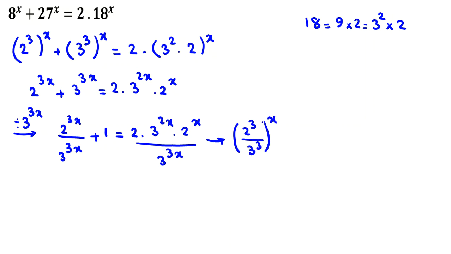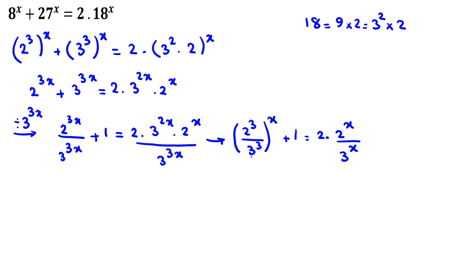Because if we have this, 2 to the power of 3x and this, we can consider this x for both of them and write division like this. Plus 3 to the power of 2x here, 3 to the power of 3x. Then, because it is division, you subtract 3x minus 2x, x. It will be 2 times 2 to the power of x, 3 to the power of 3x minus 2x, which is x.